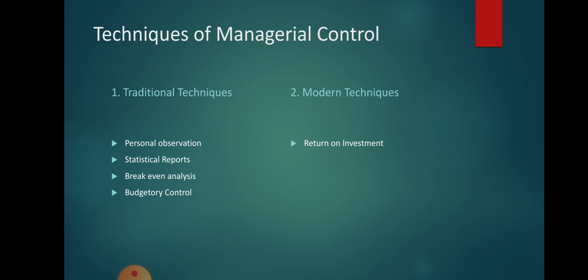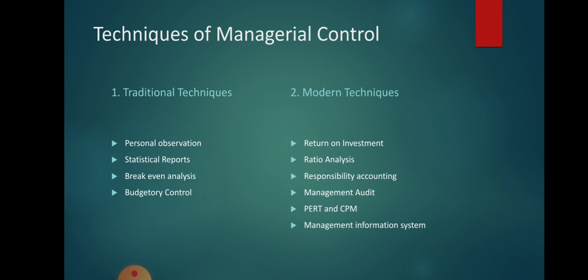First one is return on investment, second one is ratio analysis, third one is responsibility accounting, fourth one is management accounting, fifth one is PERT and CPM, and sixth one is management information system.